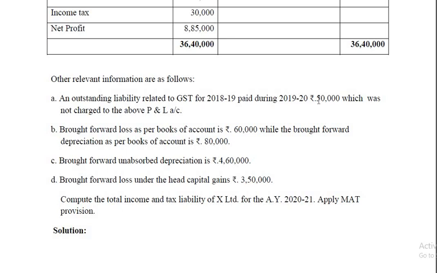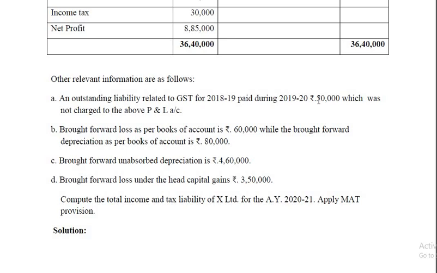Of the brought forward business loss and brought forward depreciation as per books of account, whichever is less is deductible from net profit while computing book profit. Let me repeat. If the information is given regarding the books of account, then that is deductible while computing book profit from the net profit.